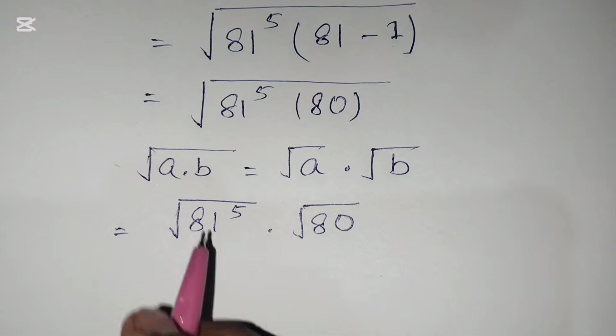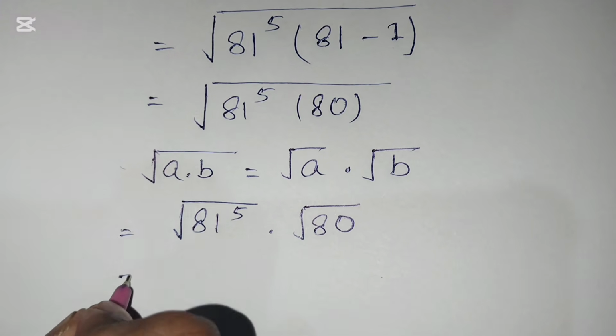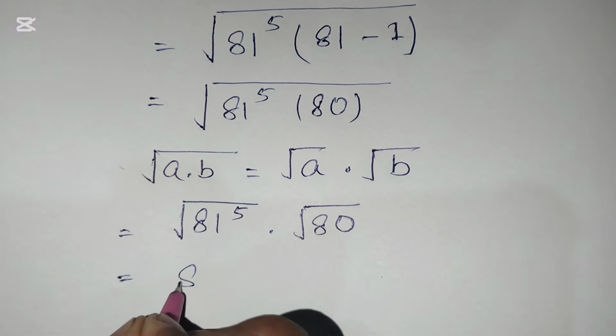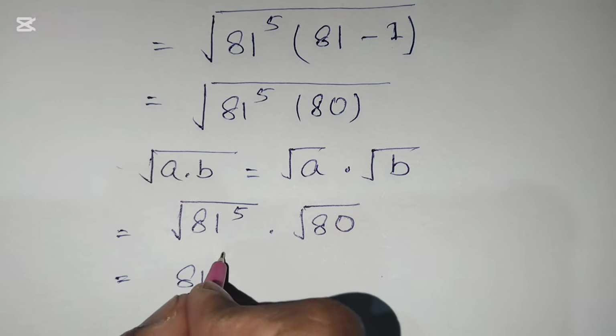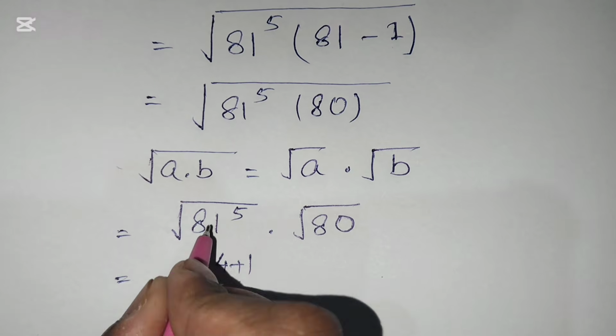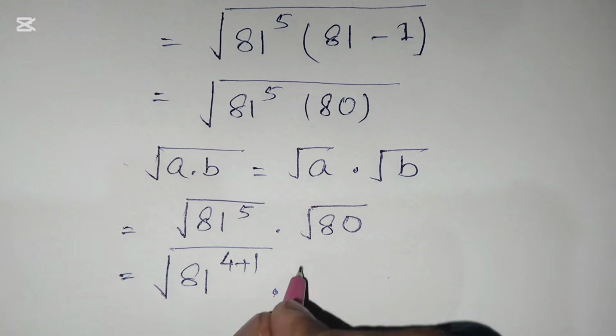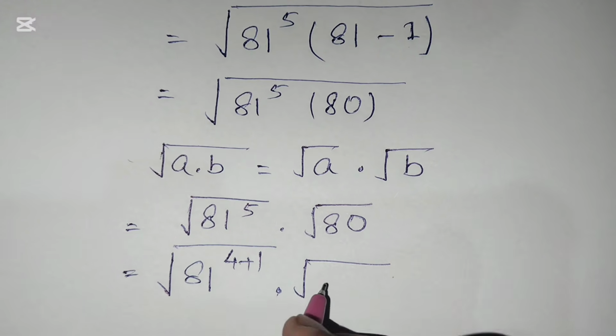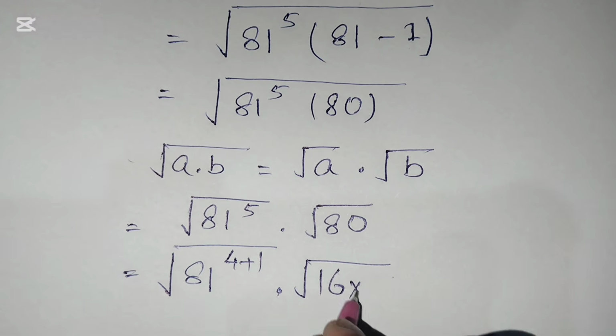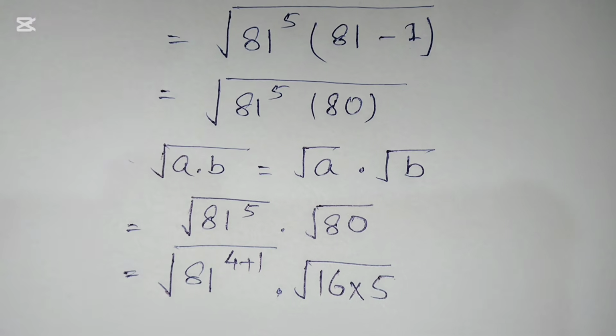Now we will simplify this equation. We will write this as square root of 81 power 4 plus 1, times square root of 80, which can be written as 16 into 5.